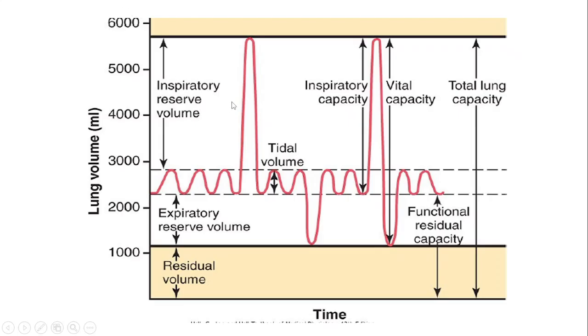This is a spirogram showing the different inspiratory and expiratory volumes and capacities. First, we can see that this is the tidal volume, that is 500 ml. The difference between each mark is 1000. After getting this 500 ml of air, if we inspire maximally, we will get an extra amount of air, that is called the inspiratory reserve volume, and that is about 3000 ml.